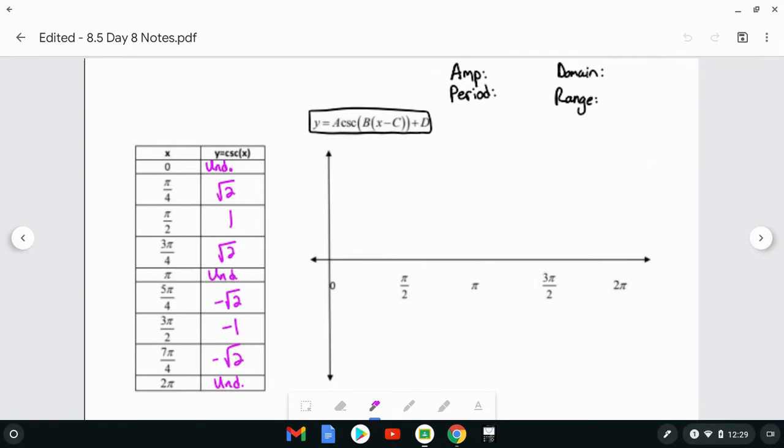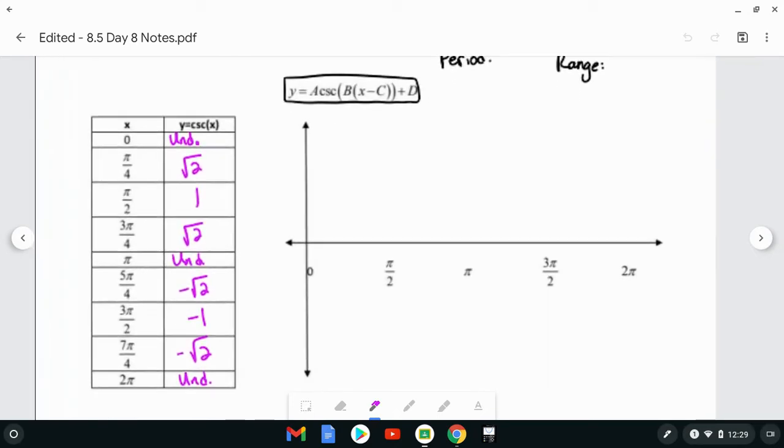So for cosecant, again, if we graph all of these, you're going to notice that at pi over 4, it is at square root of 2. And then at pi over 2, it's at 1. And then at 3 pi over 4, we're back at square root of 2. You notice at pi, it is undefined, so that's our vertical asymptote.